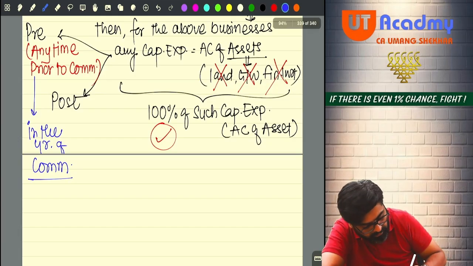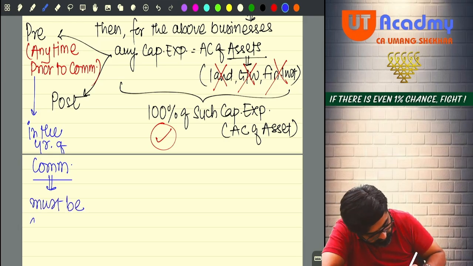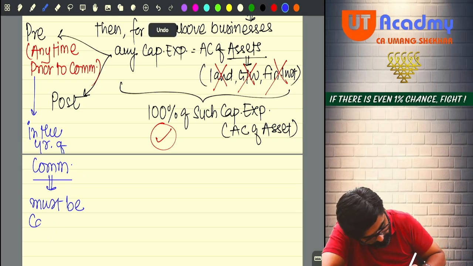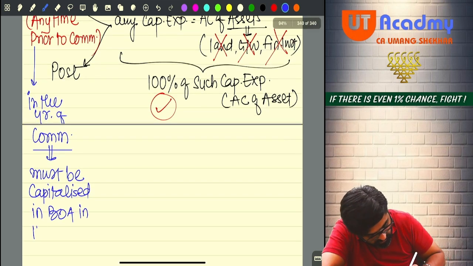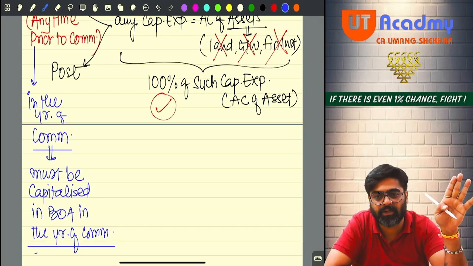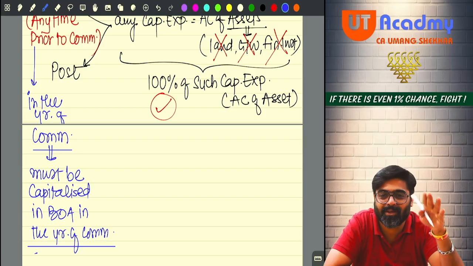But if you want to claim this in the year of commencement, then it must be capitalized in the books of accounts in the year of commencement.